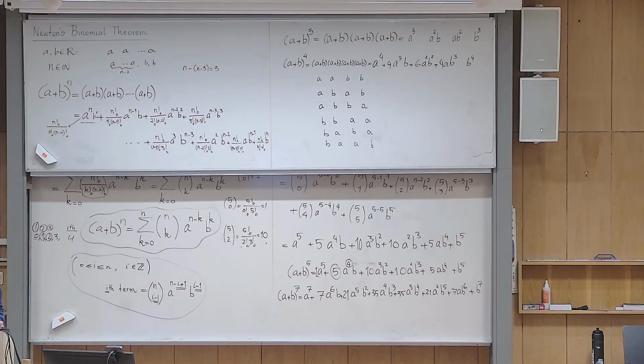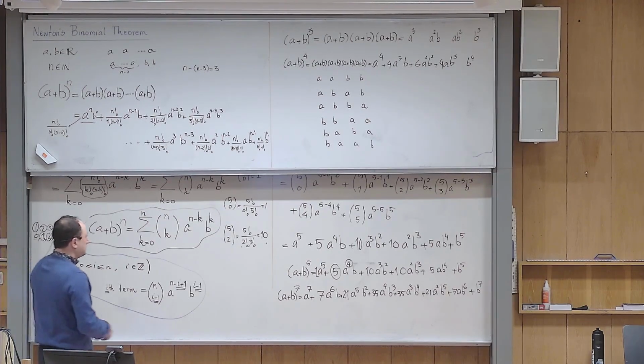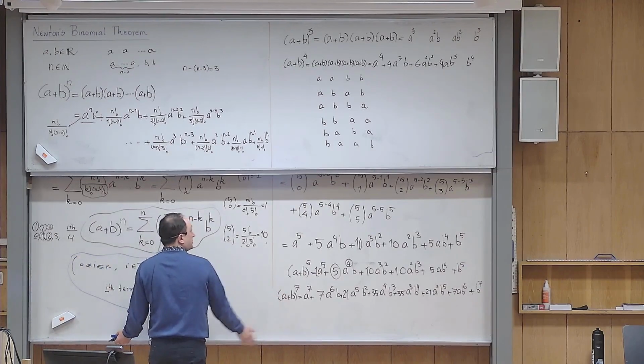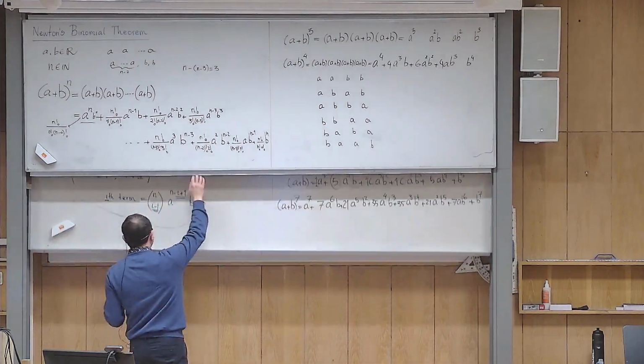Okay, now let us see what else we can do. There are two types of questions. One question is expansion. We learned a little bit about this standard one, but let me give you another example.